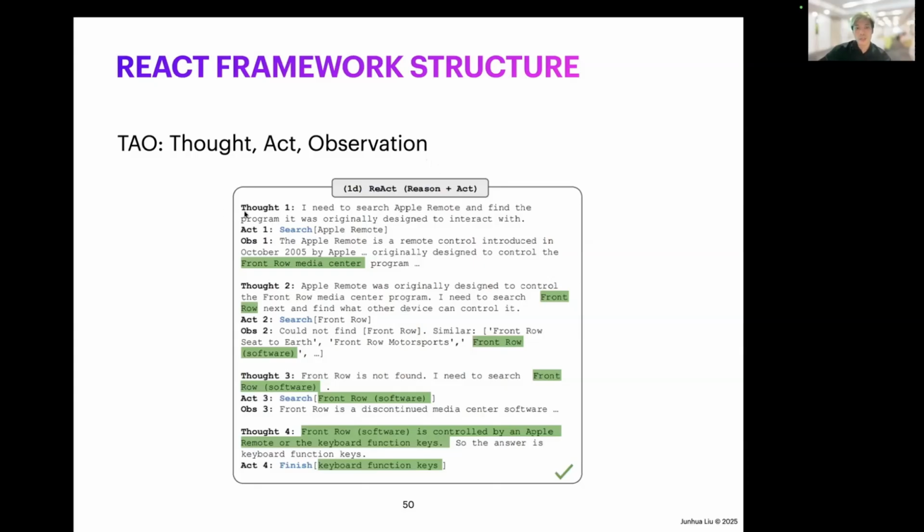Here, there is thought one, act one, and observation one. Then thought two, act two, observation two. And it will repeat until the LLM thinks that the task is done. This is a typical response that is generated by an LLM.